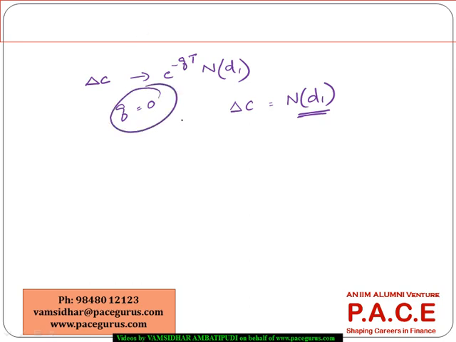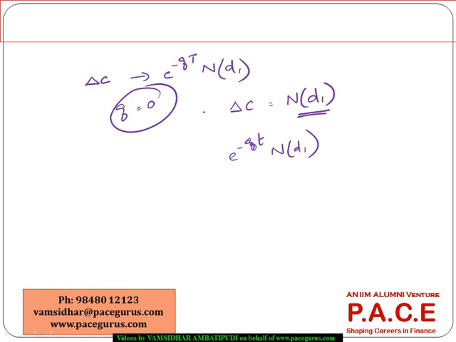But if it pays a dividend, then the delta is not the same as N of d1, because delta becomes N of d1 adjusted with the present value of the dividend factor, e power minus qt. So only when dividends are not declared can I take N of d1 as the delta of the call.